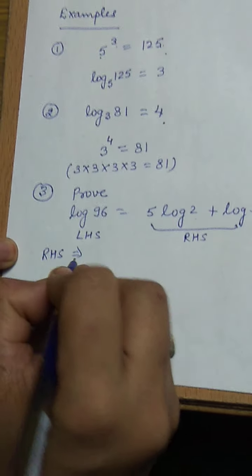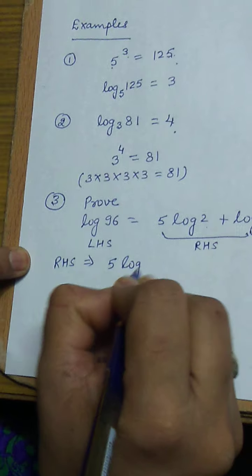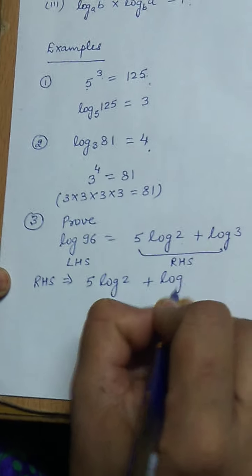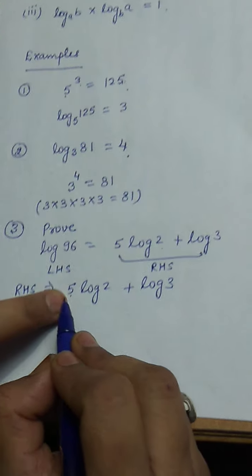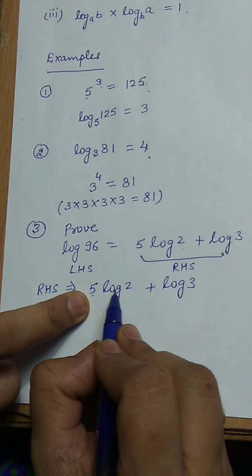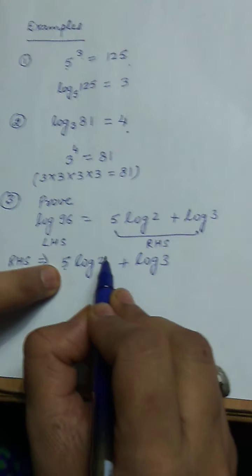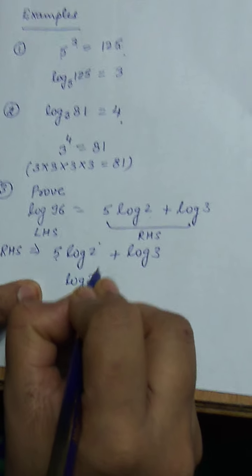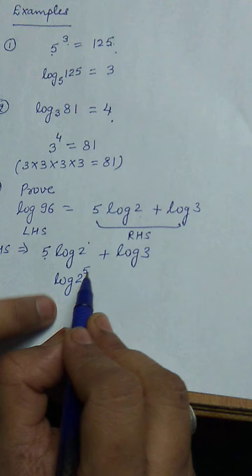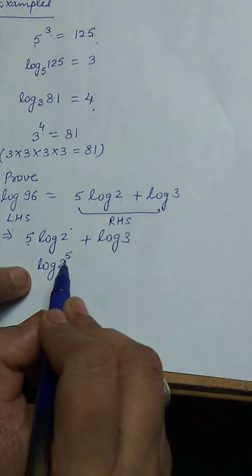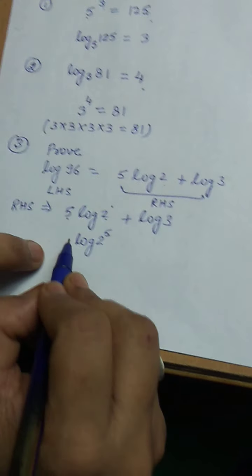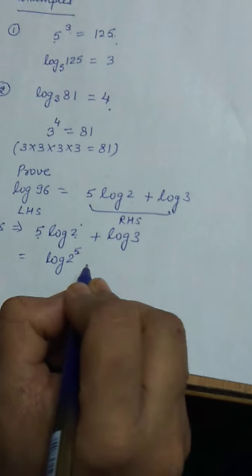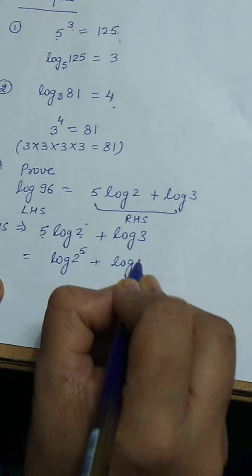On RHS, what is there? 5 log 2 plus log 3. Now 5 is there in multiplying form, so we can write 5 as the exponent of 2. So log 2 to the power 5, or we can say that when we write its log, 5 gets multiplied and we get 5 log 2. And log 3 as it is.